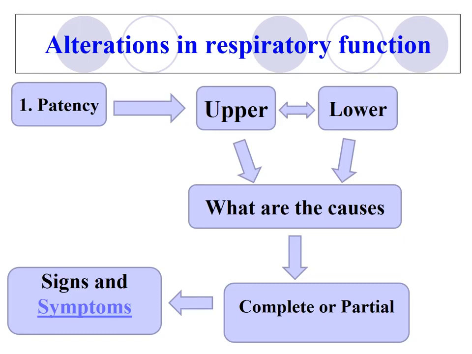They might be a mouth breather due to that problem. It is severe constriction, or severe narrowing of the respiratory tract or the nostrils. So the patency problem might be upper and it might be lower.